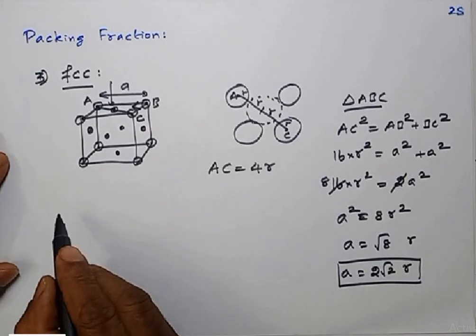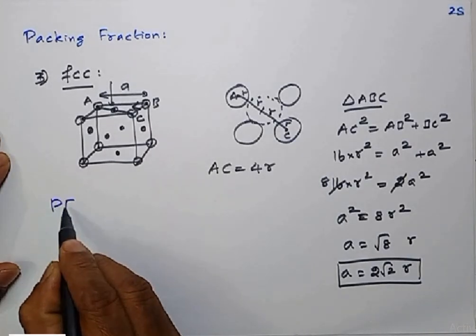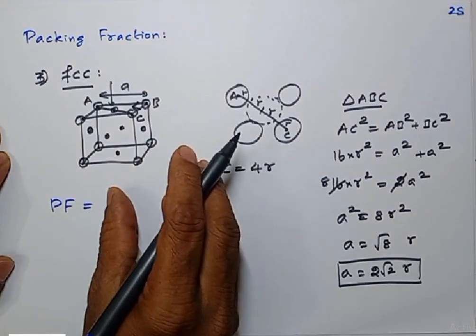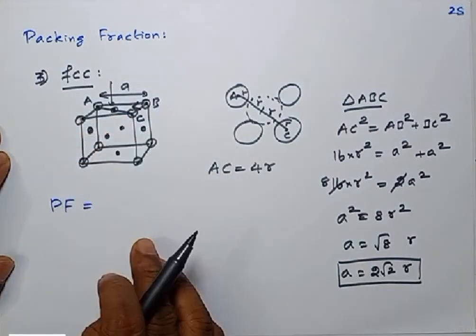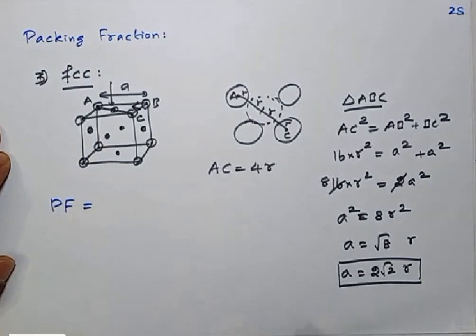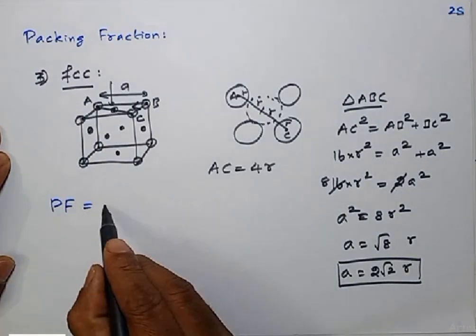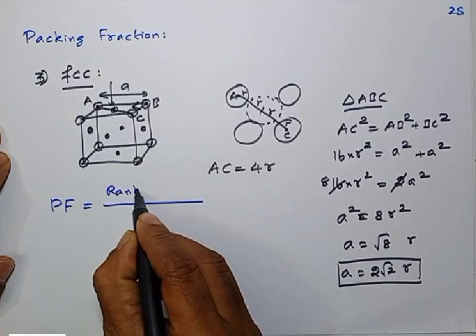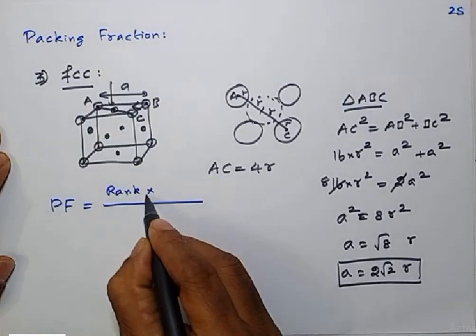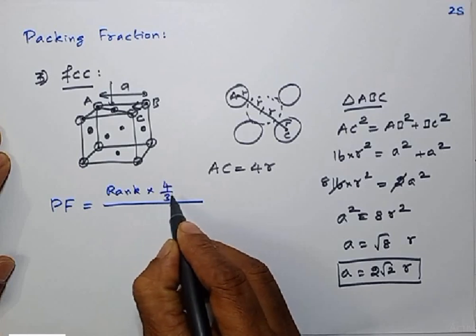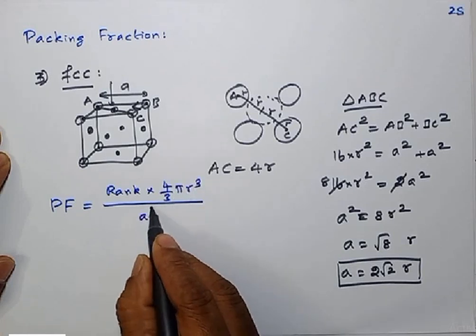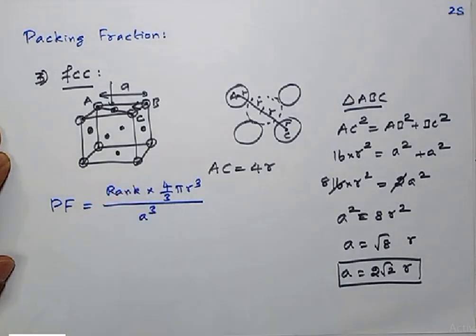You know very well, packing fraction is equal to the volume occupied by the atoms in one unit cell divided by the volume of the unit cell. So what is the volume occupied? It is the number of atoms per unit cell into the volume of one atom, 4 by 3 pi r cube, divided by the volume of the unit cell. Since it is a cubic unit cell, the volume is a cube.